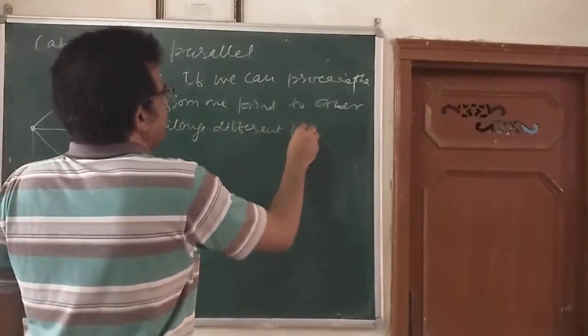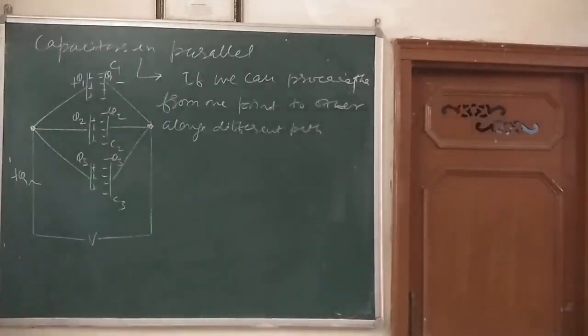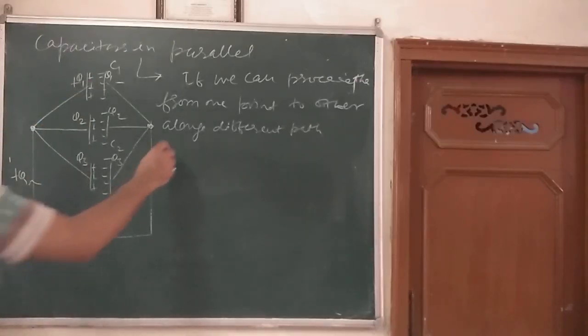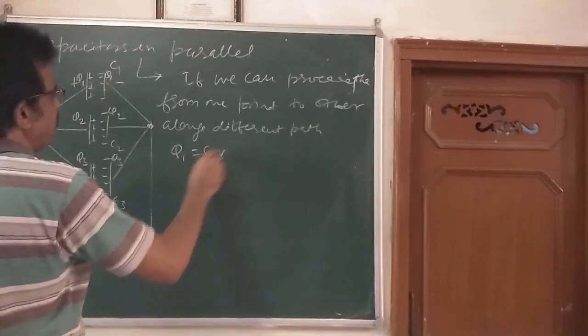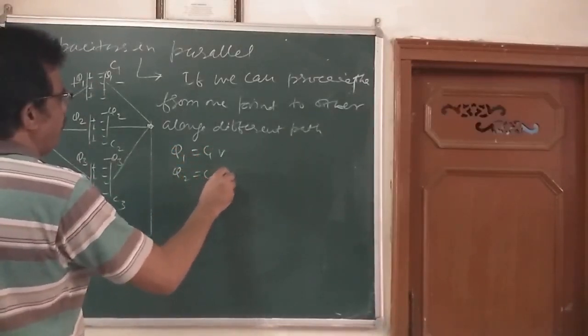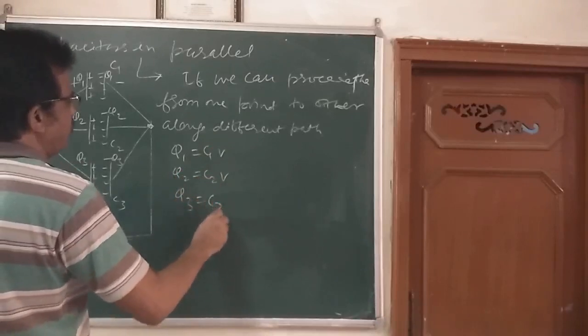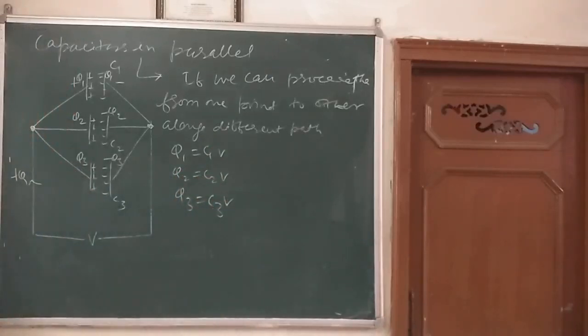Is that clear? C1, C2 and C3 are the capacitances, V is the potential difference. The charges on each capacitor would be Q1 is equal to C1V, Q2 is equal to C2V, Q3 is equal to C3V. The potential difference is the same.